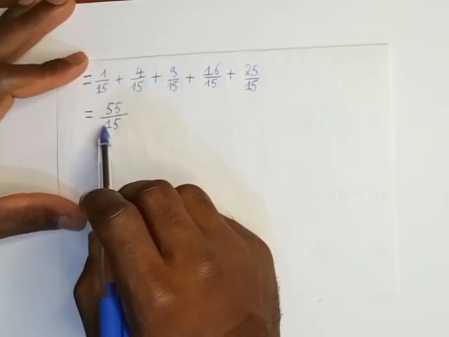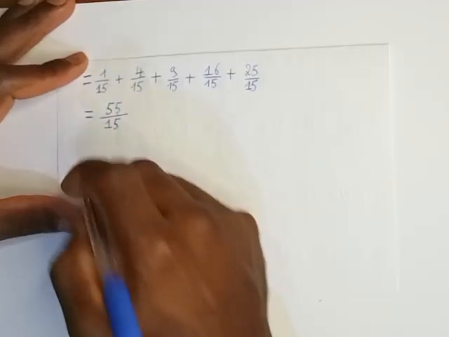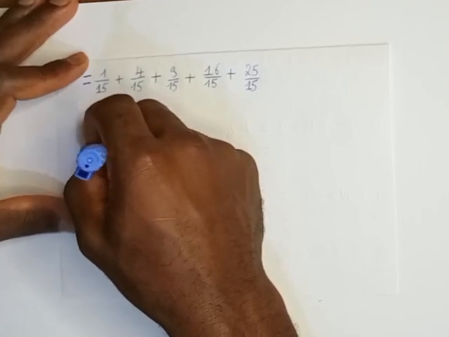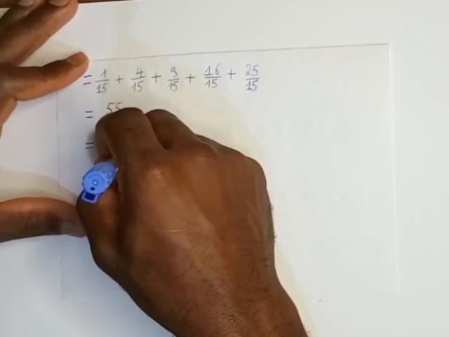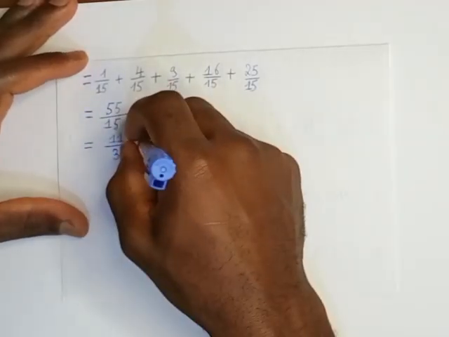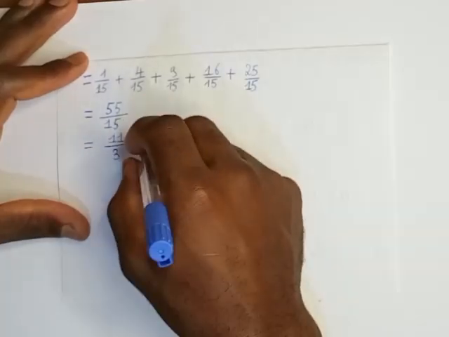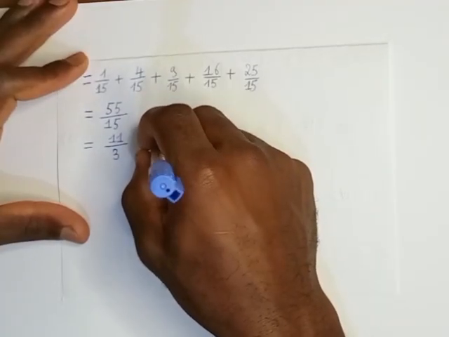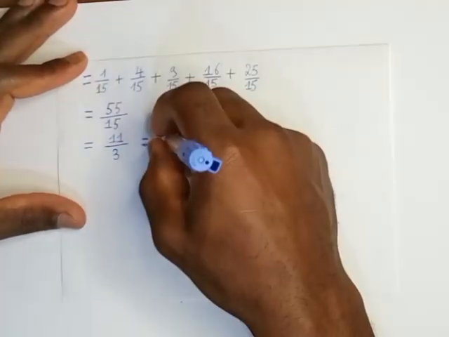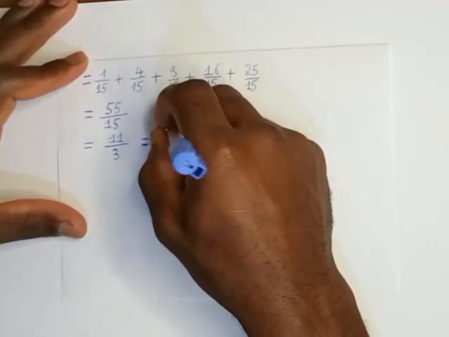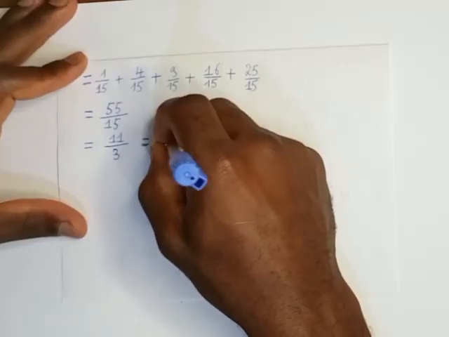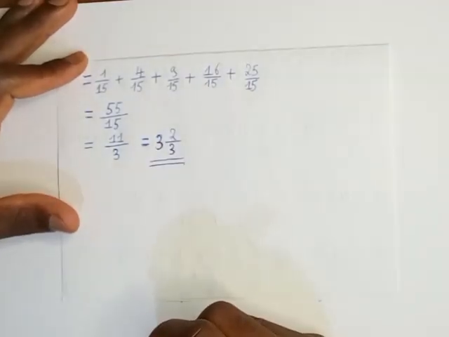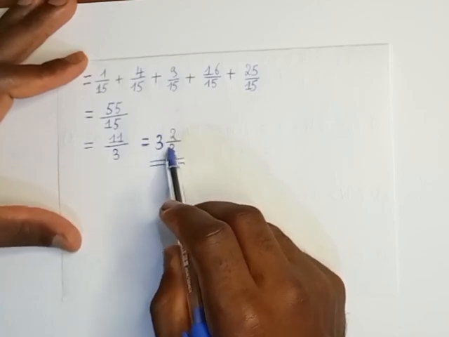Dividing the numerator and the denominator by 5, this is equal to 11 on 3. Expressing this as a mixed fraction, dividing 11 by 3 gives a whole number part of 3 and a remainder of 2, to be divided by 3. Therefore, the mean or the expectation of X is 3 and 2/3.